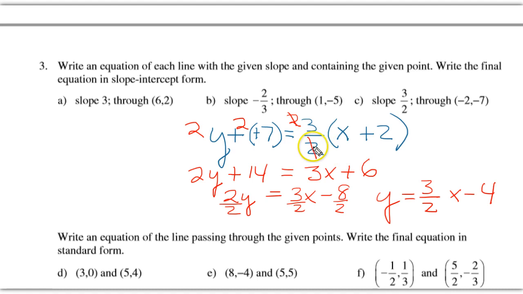Again, many students have trouble with this because there's a lot going on in just one example. You have to be familiar with this equation, y minus y sub 1 equals m times x minus x sub 1. It's not too hard. If you write it a number of times, that's the practice.